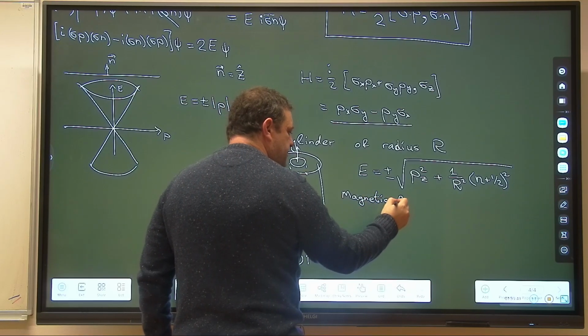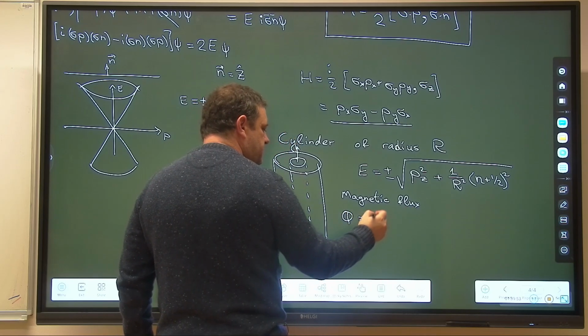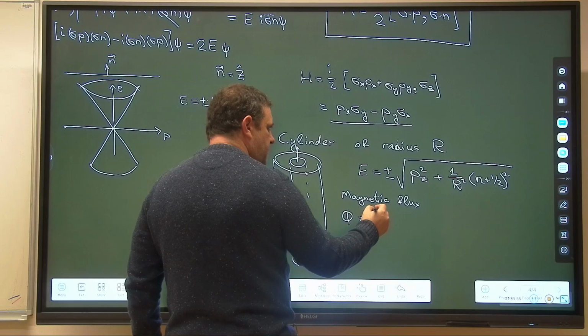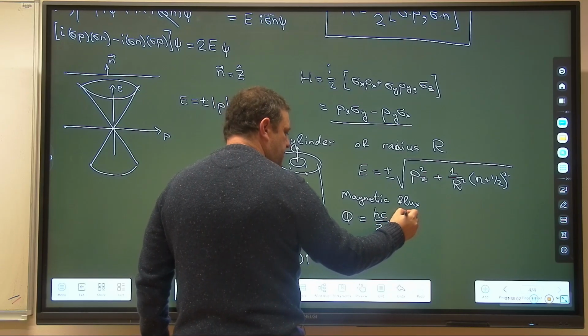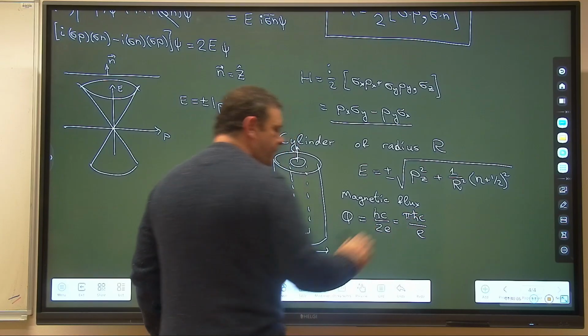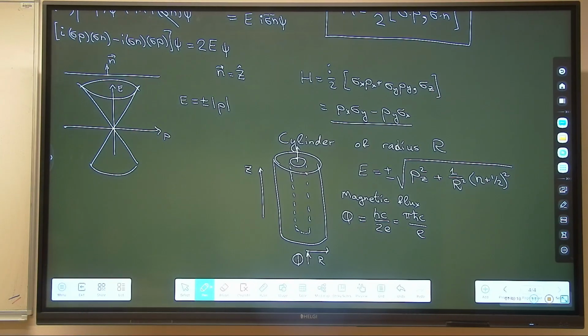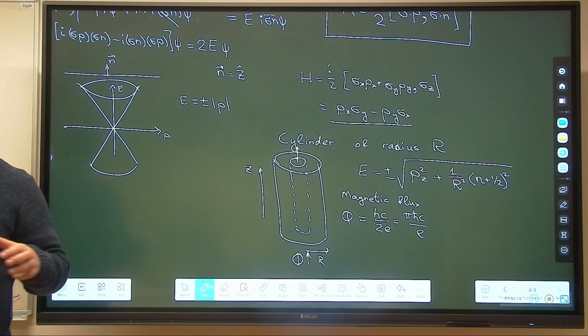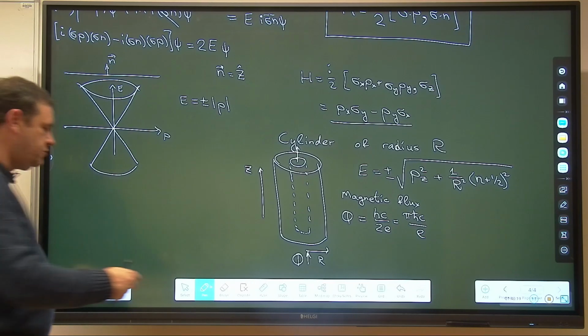The magnetic flux phi equals hc over 2e, or in other units, pi h bar c over e. This is called the half flux quantum. It's the flux that you usually have inside a superconducting vortex, half of a quantum.